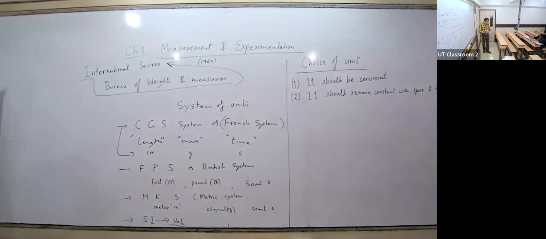Like if you have a meter rod in India of this length, if you go to a desert, it should not expand. It should be the same length irrespective of wherever you are. Now, at the same place, this year the rod was this long. Next year it should not shorten or change.